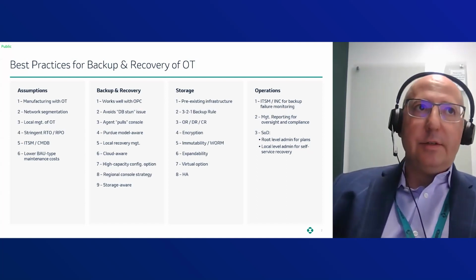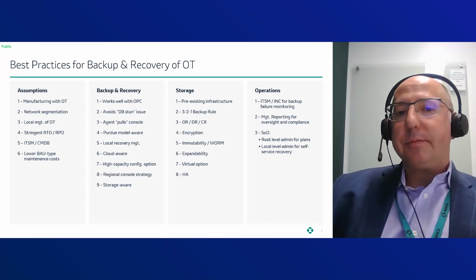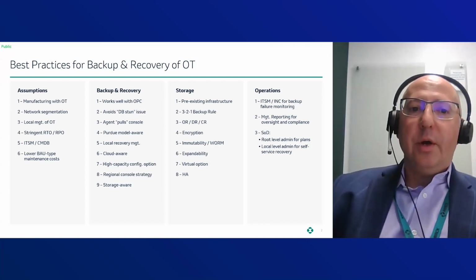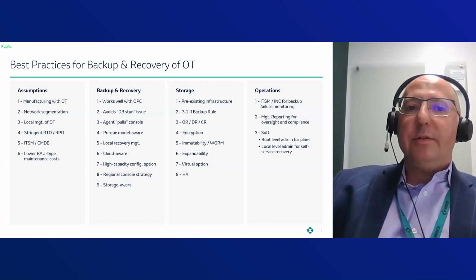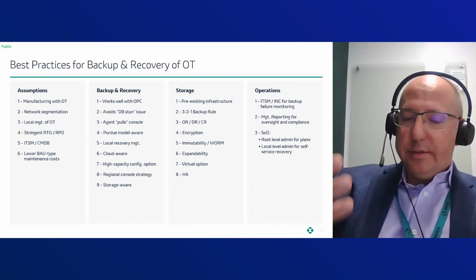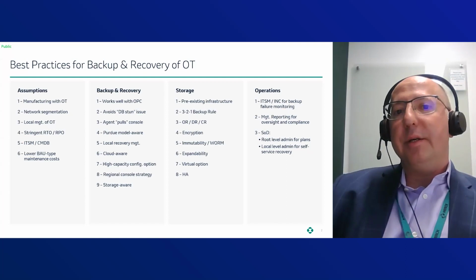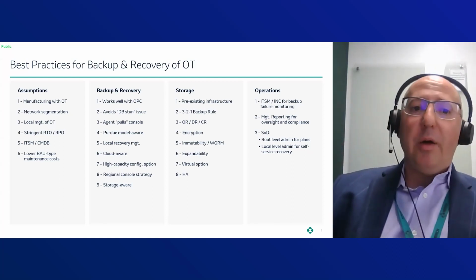That's another consideration for your backup capability. The Purdue model. A lot of us would have our network segmentation set up according to the Purdue model. So you may want to think about a utility that's actually Purdue model aware.